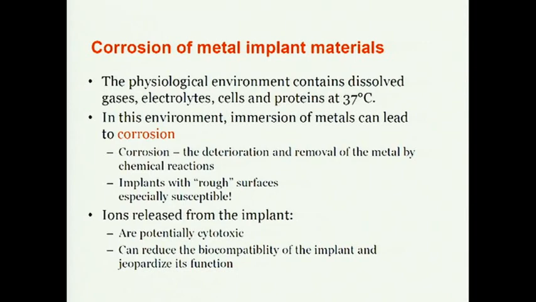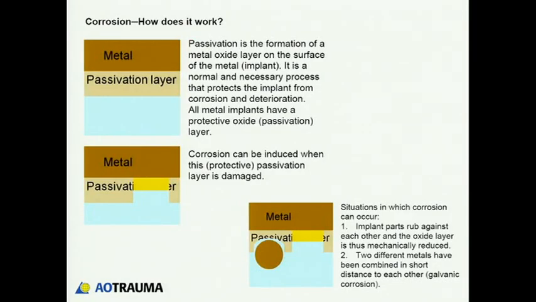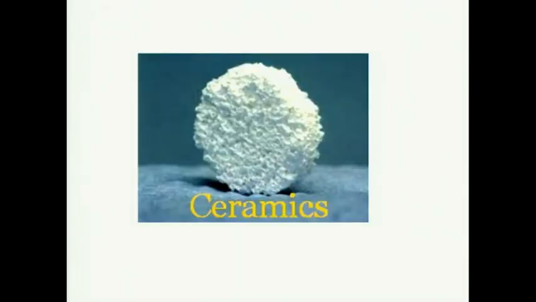Implants with rough surfaces, as I said, are especially susceptible, and ions released from the implant can start corrosion. So the passivation layer on the metals is very important, and when it's broken, when it's damaged, this corrosion is more possible to start. So we have to pay very good attention to the passivation layer, and while producing and while applying it, we have to keep the passivation layer on the metals.